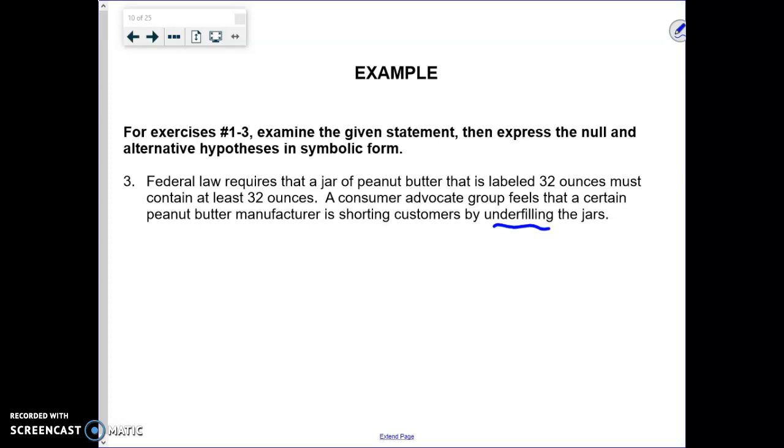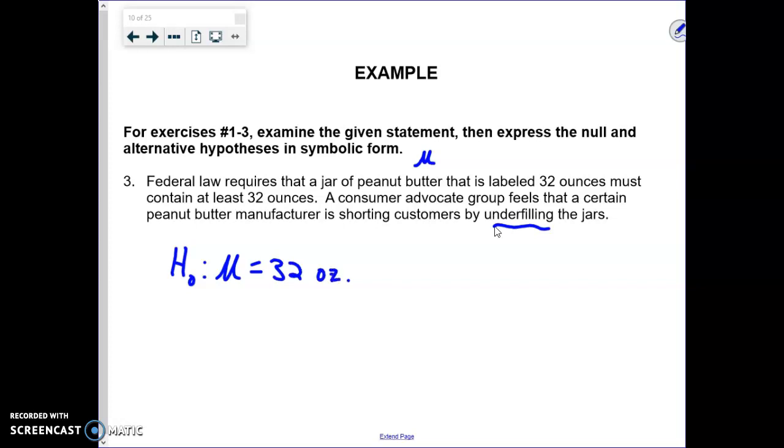So again, we're looking at an average. We're going to collect samples of the 32-ounce jars of peanut butter from this manufacturer and see what the average of that sample is. So this again involves a population mean. Our null hypothesis is that the average amount the jars are filled with is always equality: 32 ounces.